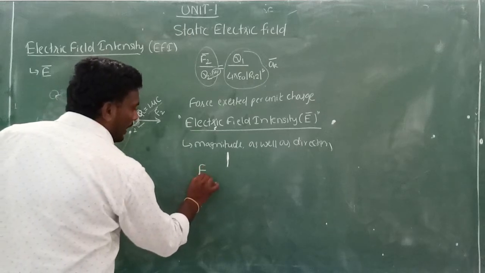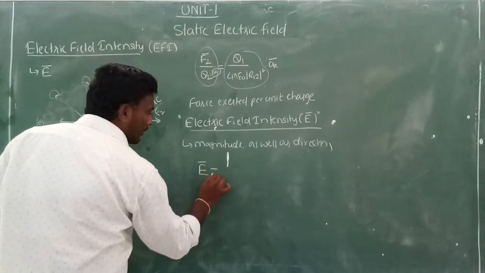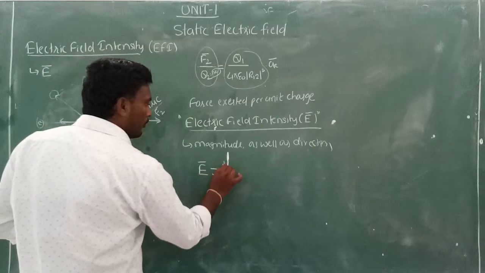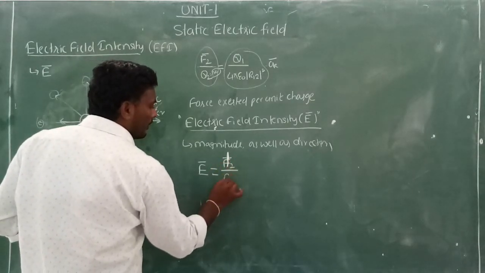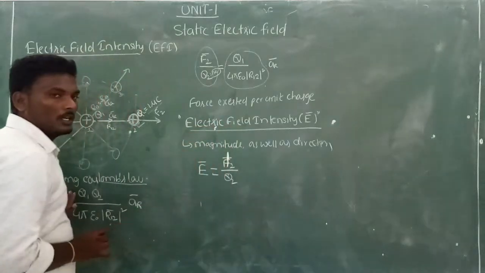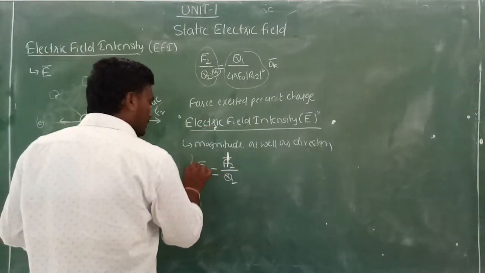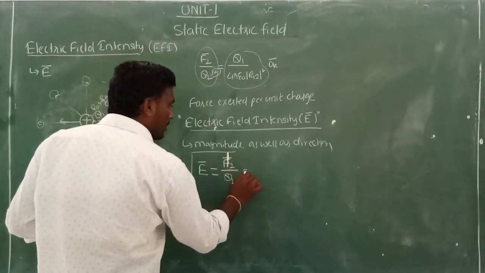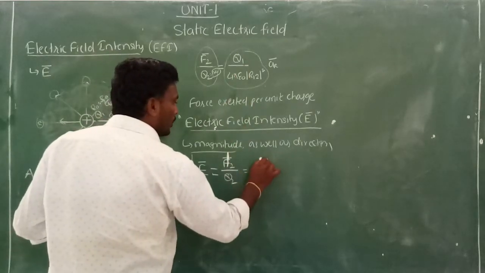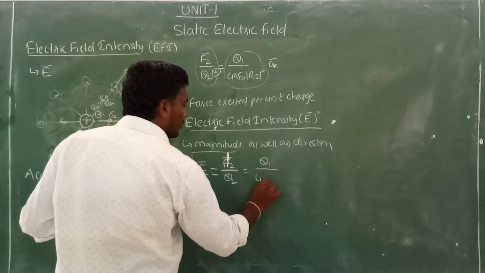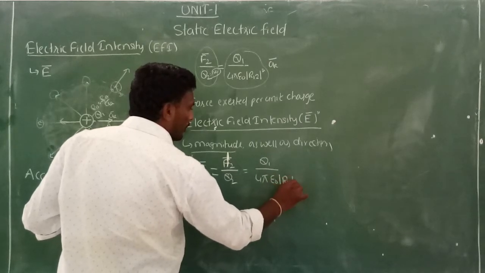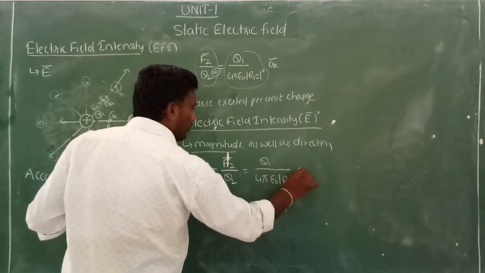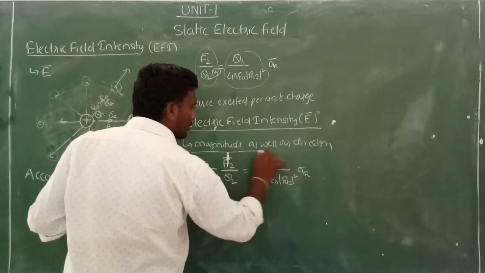Finally I can write the expression for electric field intensity: the force exerted F2 bar by Q2 is called your electric field intensity. This is also equal to Q1 by 4 pi epsilon naught magnitude of R12 square into AR bar, which is the direction.